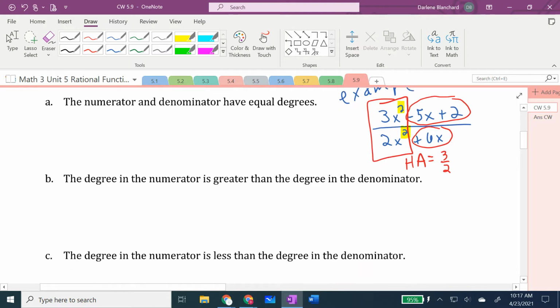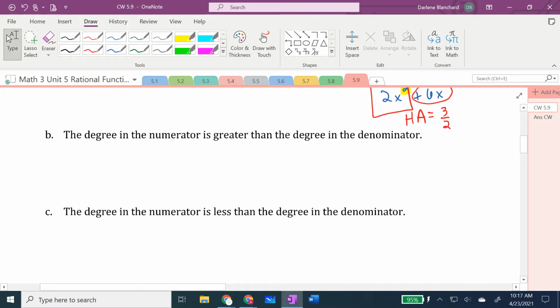If the degree in the numerator is greater than the degree in the denominator, so for example, let's say your numerator is a degree 3 polynomial, your denominator is a degree 2 polynomial. Here, the degree in the numerator is greater.